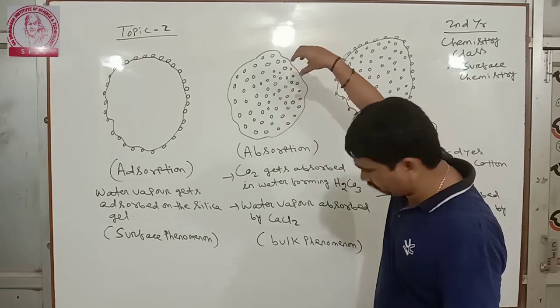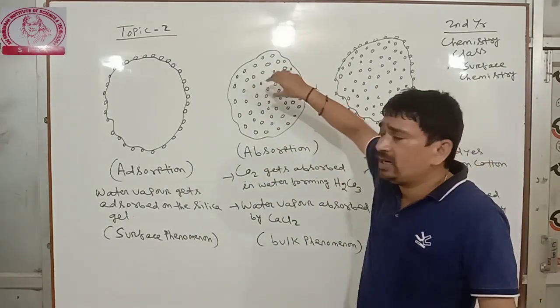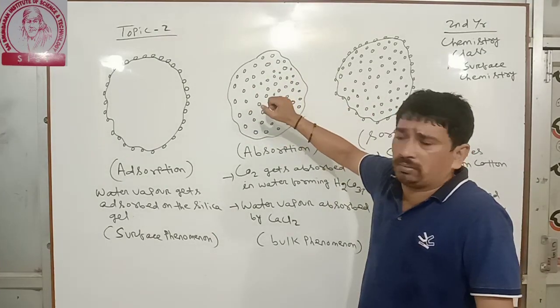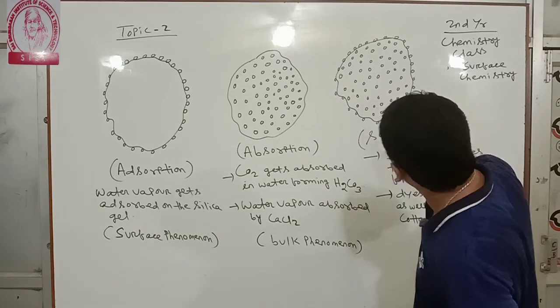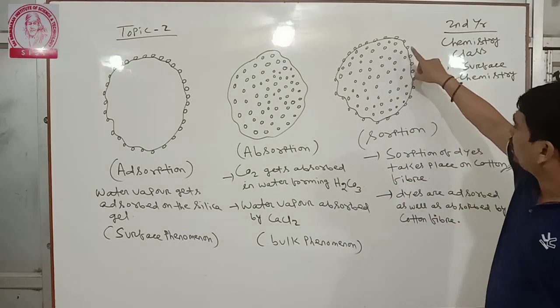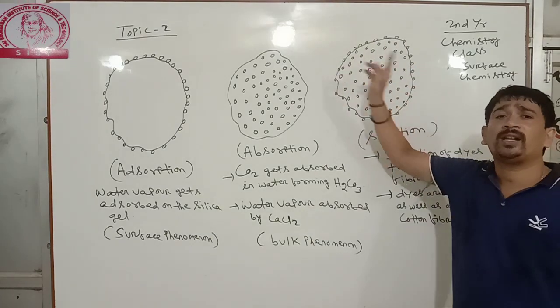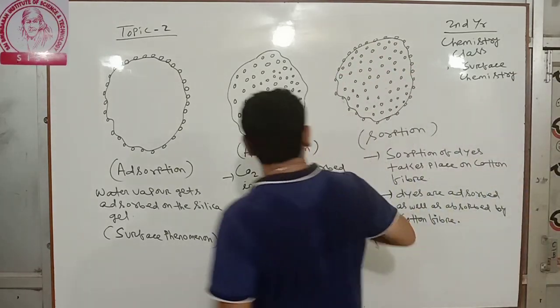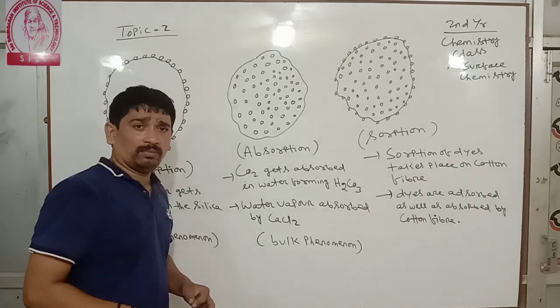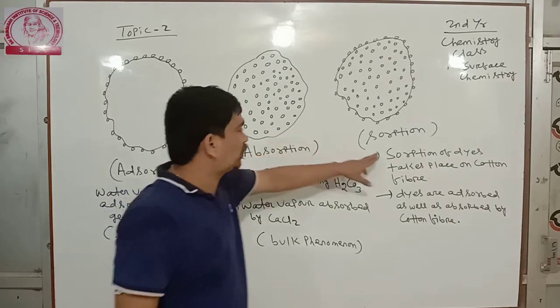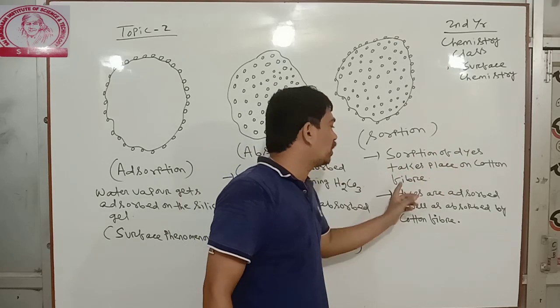The particles uniformly penetrate throughout the body. That is absorption. Next is sorption. When both adsorption and absorption take place simultaneously, that is called sorption. So sorption of dyes takes place on cotton fibers.